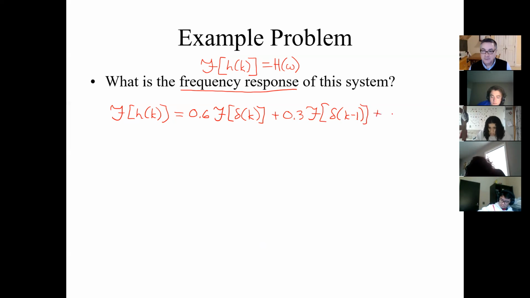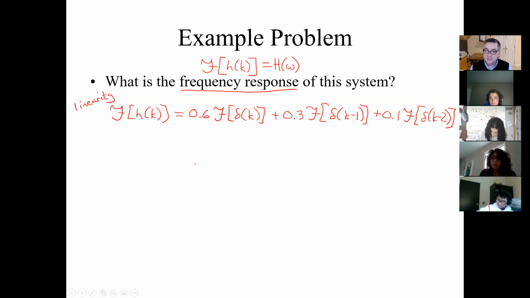And then the last one. Like that. Okay, so there we used linearity, or superposition, I think it said on our little sheet. Okay, well, that's good because that breaks it down. Now we have some simpler Fourier transforms to deal with at this point.